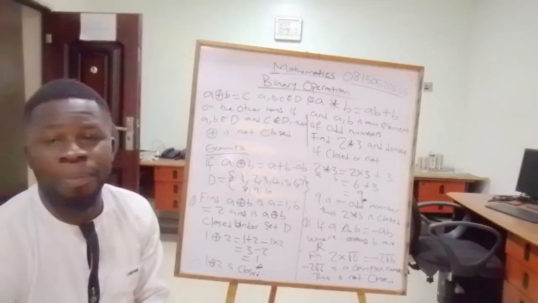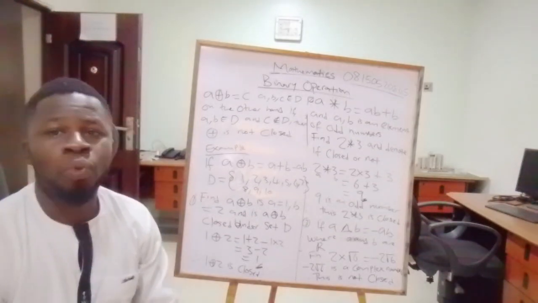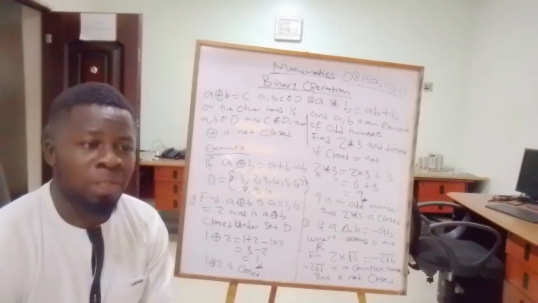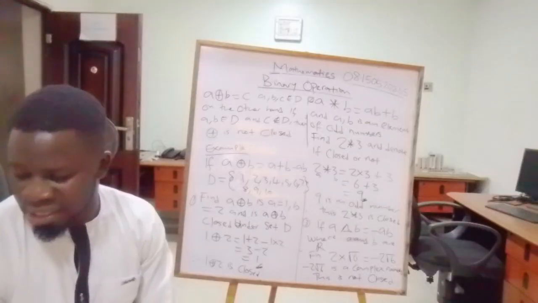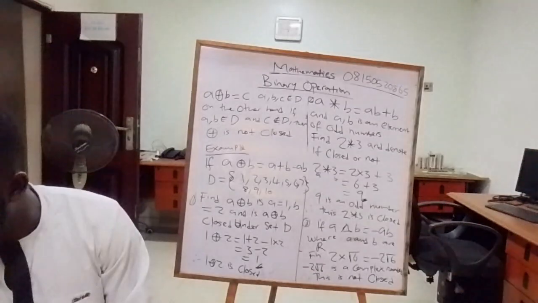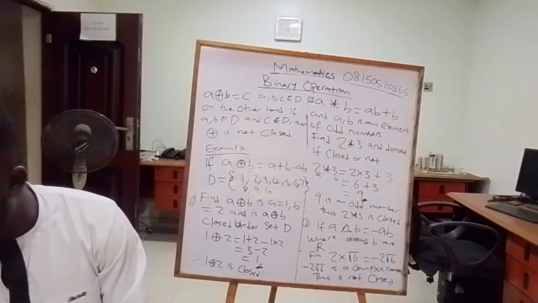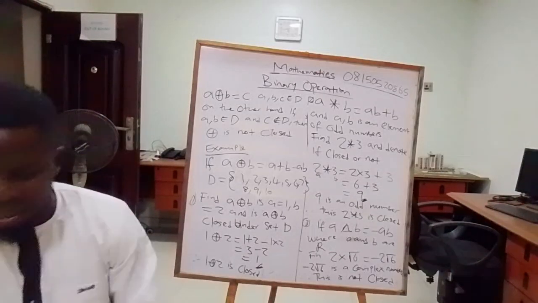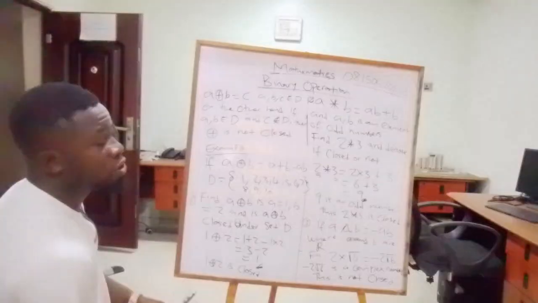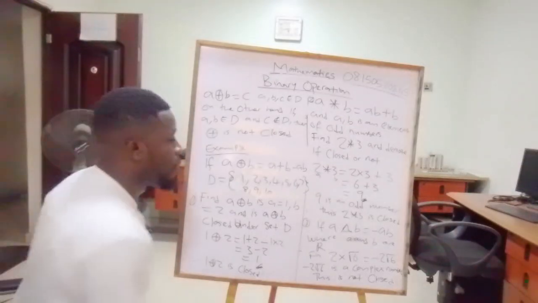The next property which you must know is what I call the commutative property. This property is very, very important, and sometimes learners have problems with it.